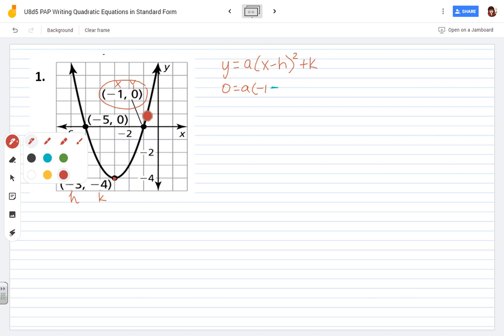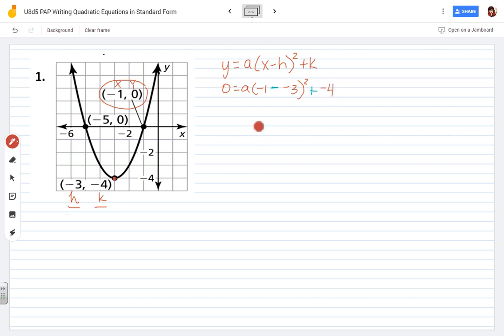And so then I'm going to put in h. H happens to be -3. So yes, you would want two of them, right? One was already there, and h is actually -3. And then we have the plus. That also is already there. And then we have k, which is finally -4. See where we're getting our h and our k from?